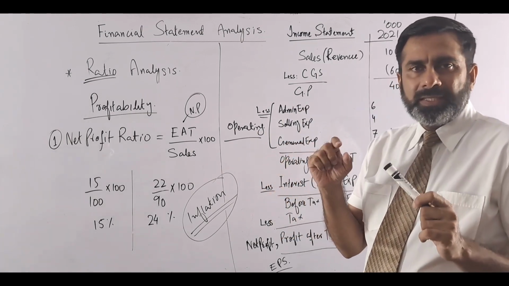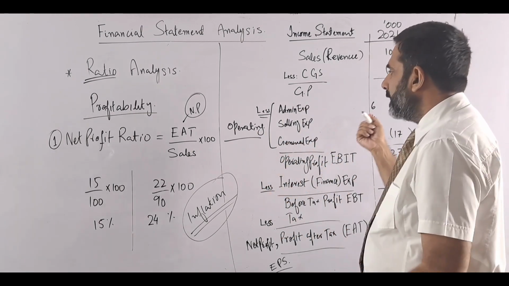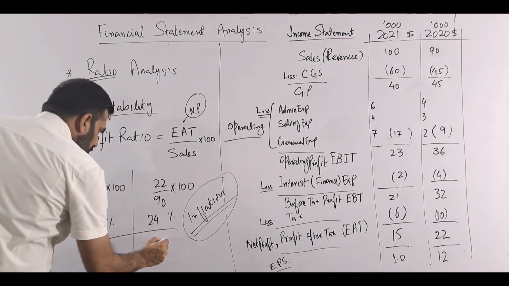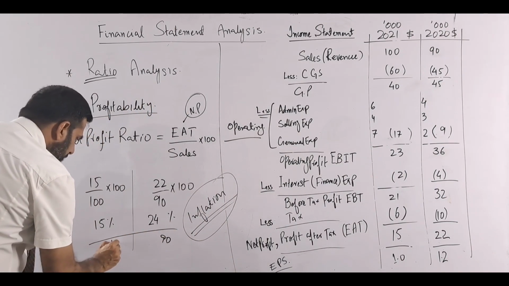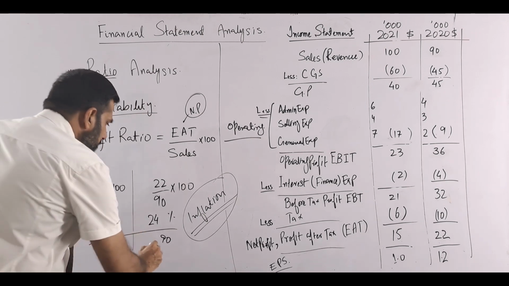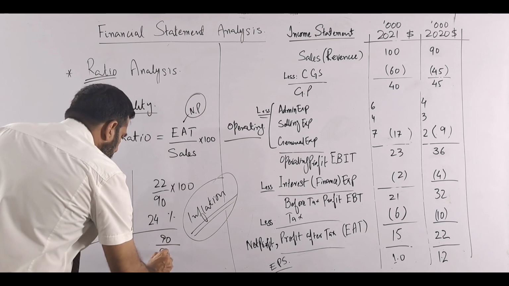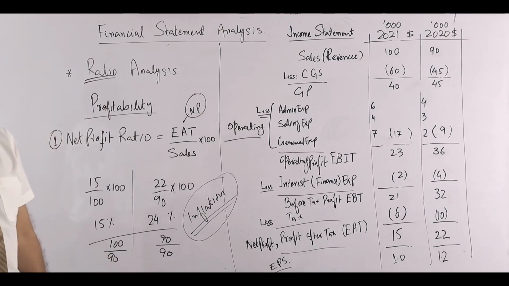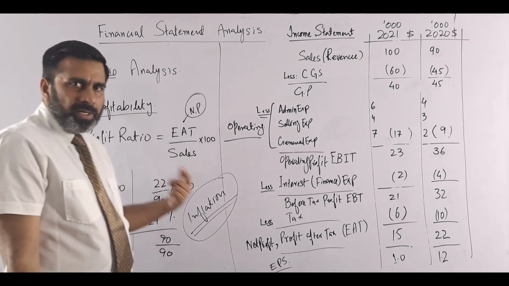So just say that they are selling goods for 90 and here 100. Let's assume they have sold, let's say 90 units and here also 90 units. Mean what?